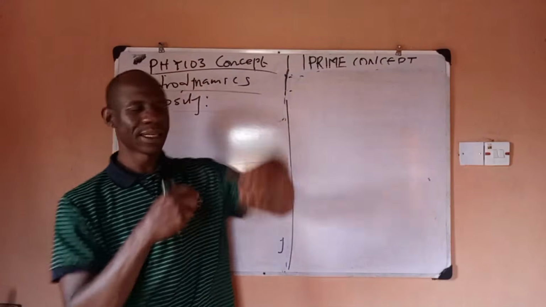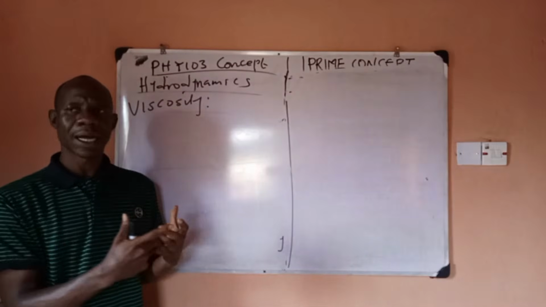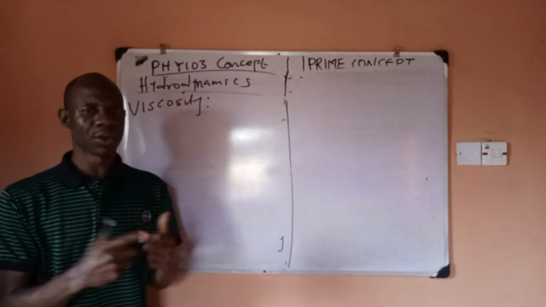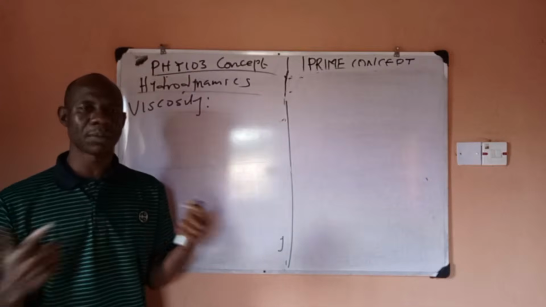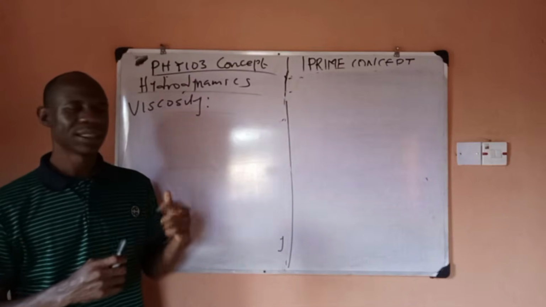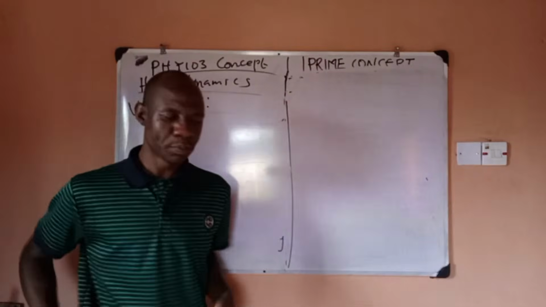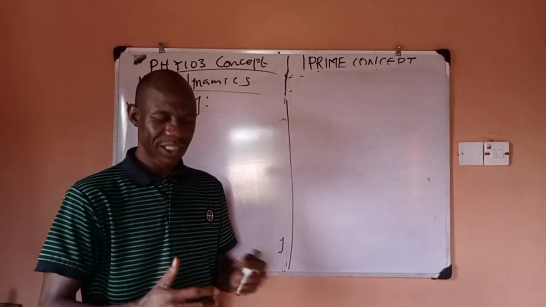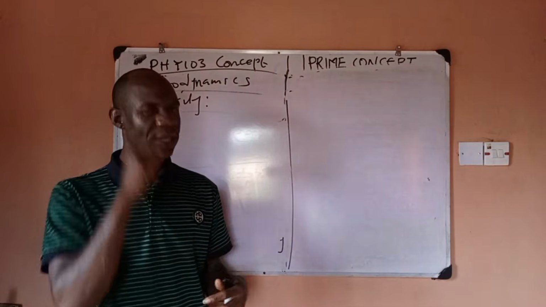It's just like you have water and then you have, let's say, engine oil. If you know engine oil, the kind of oil that you use in your cars, in your bikes, and so on. If you pour engine oil on the floor, it would flow very slowly. Why is it flowing very slowly?